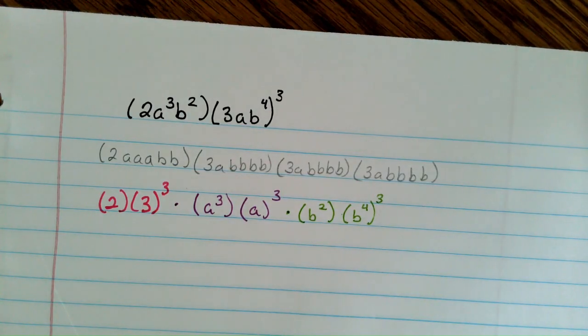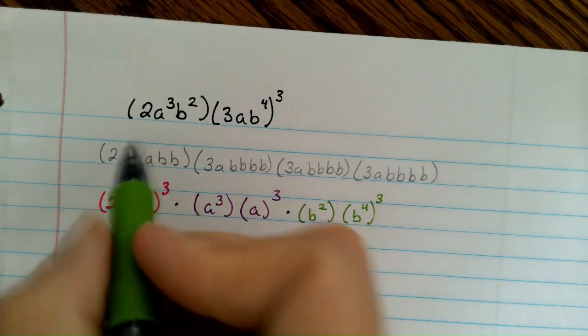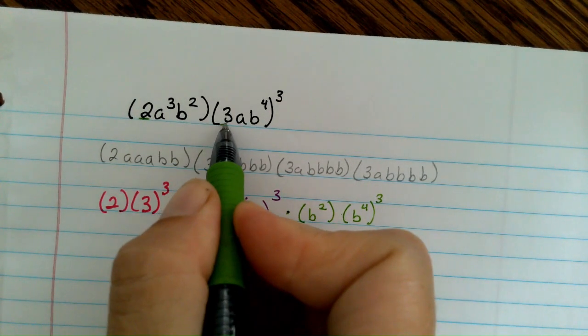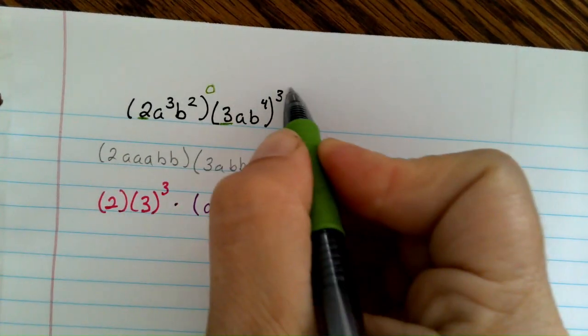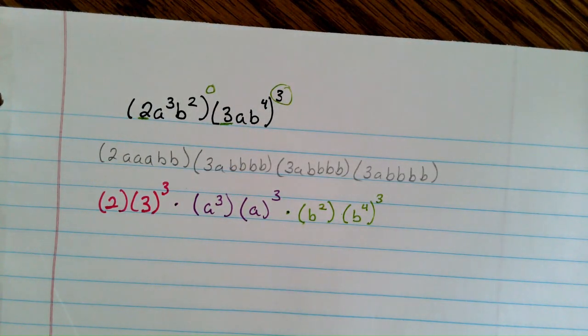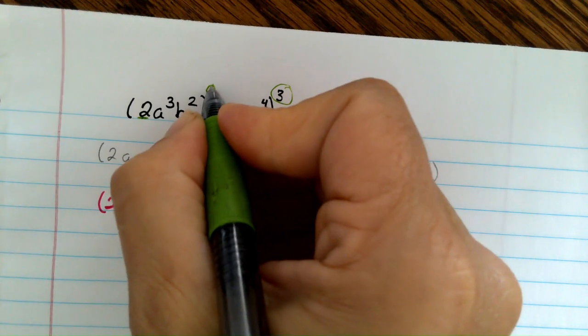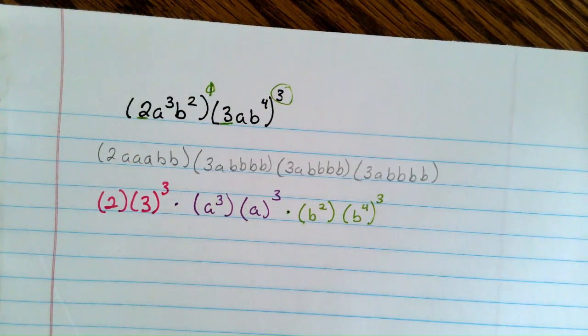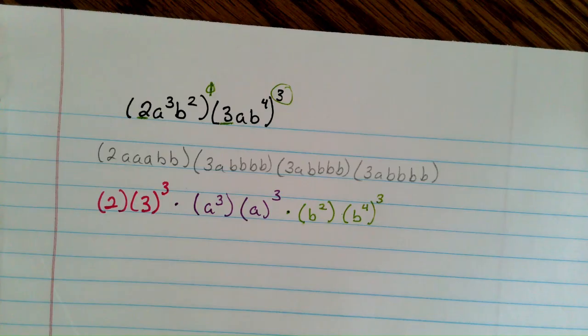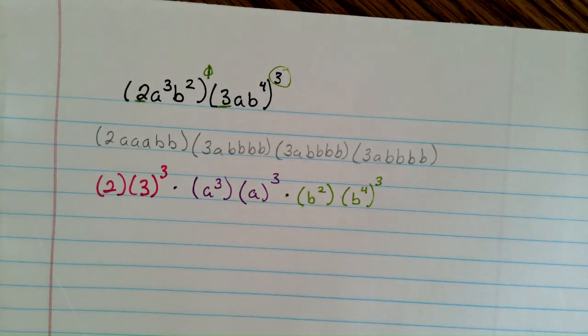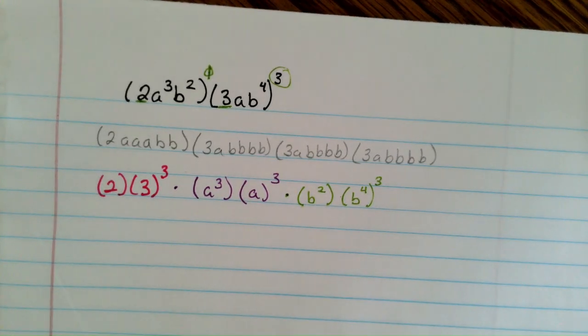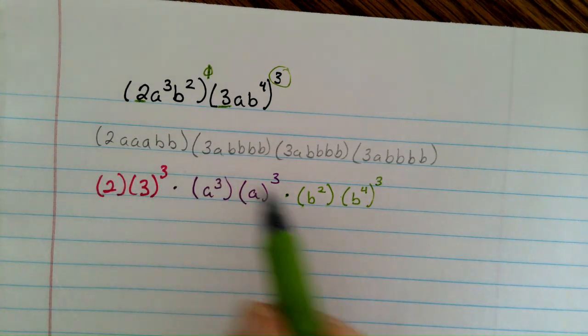So again, I have just written whatever was in here, and I used the power from here and the power from here. Now we know that this power is assumed to be 1, so you don't have to write it, but that's what I did. I did that in pink, purple, and green, and it does match what we have written out the long way.